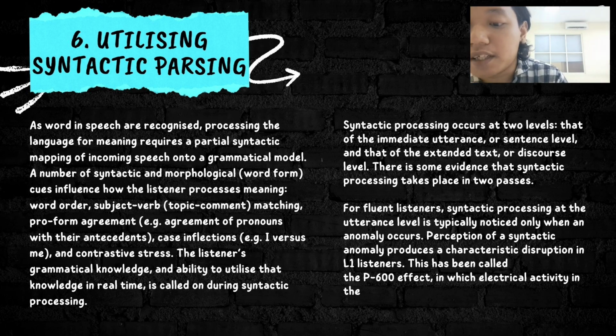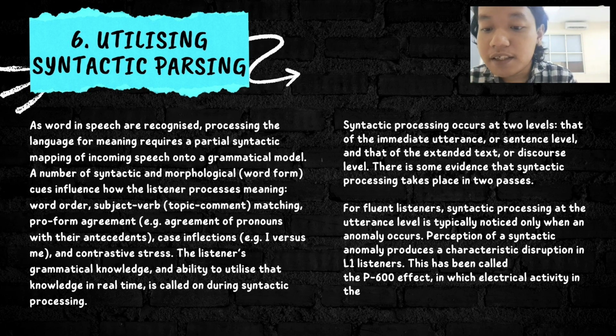The listener's grammatical knowledge and ability to utilize that knowledge in real time is called on during syntactic processing. Syntactic processing occurs at two levels: that of the immediate utterance or sentence level, and that of the extended text or discourse level. There is some evidence that syntactic processing takes place in two phases.